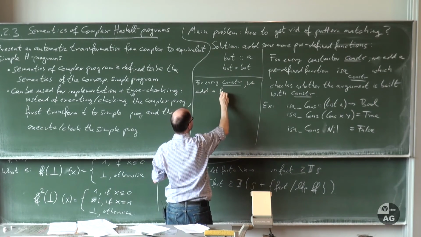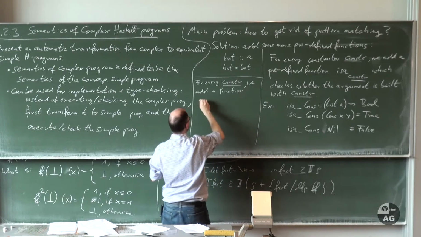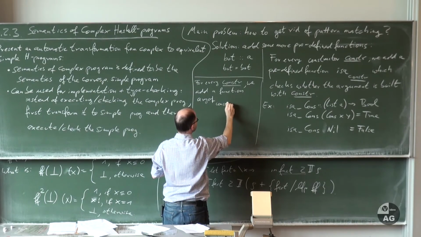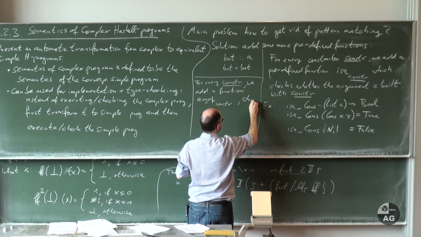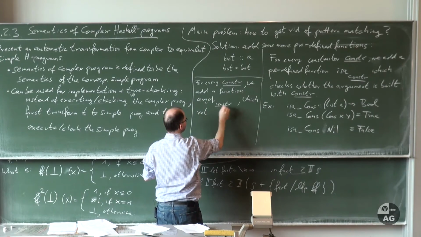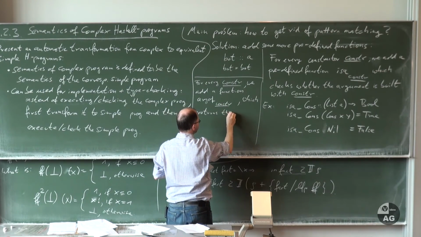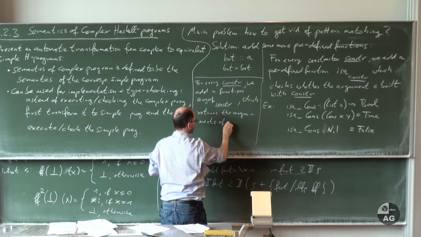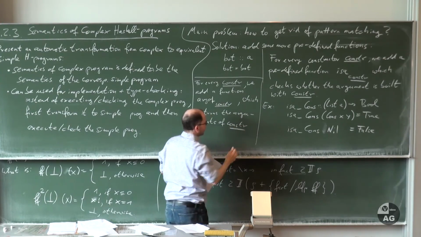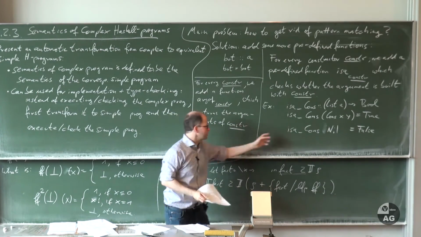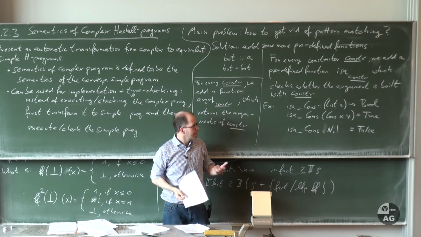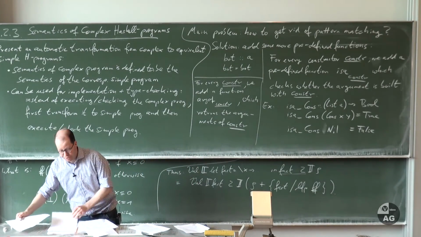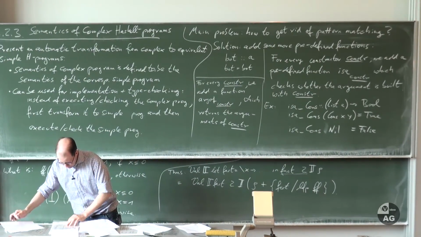We also add a function argof constr, which returns the arguments of this constructor. And if we have such a function argof and such a function isa for every data constructor, then indeed it will be possible to convert every complex Haskell program to a corresponding simple Haskell program.